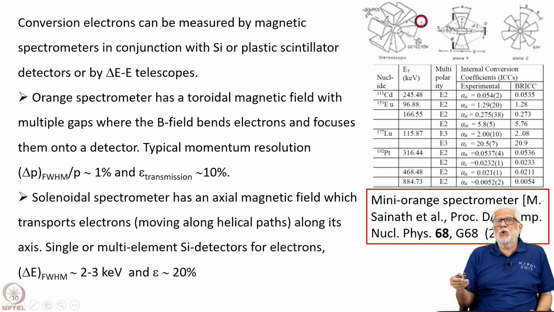So, what is shown here is a figure or figures corresponding to a so called orange spectrometer, a mini orange spectrometer using permanent magnets.